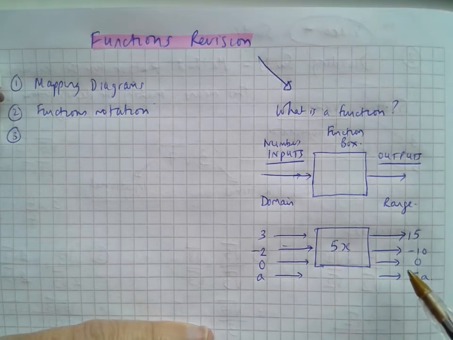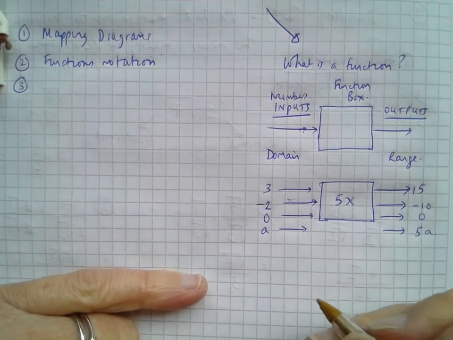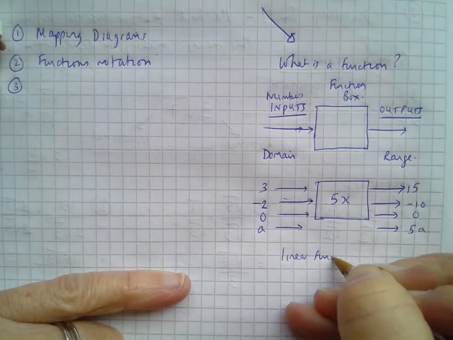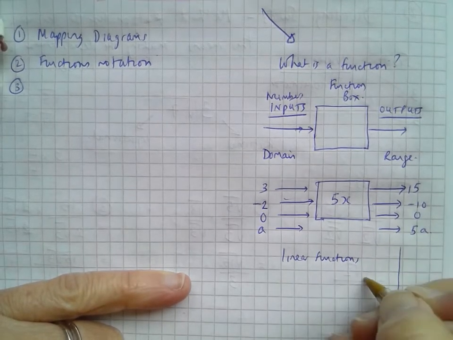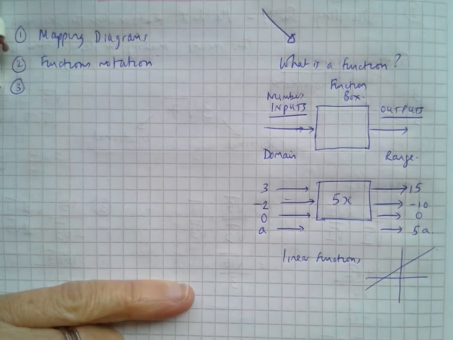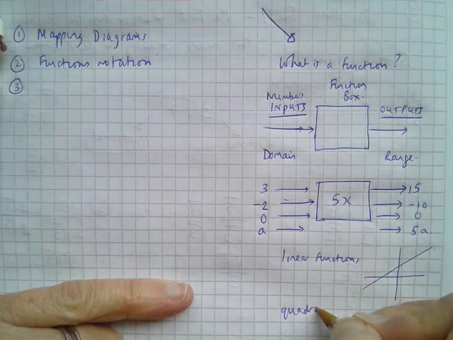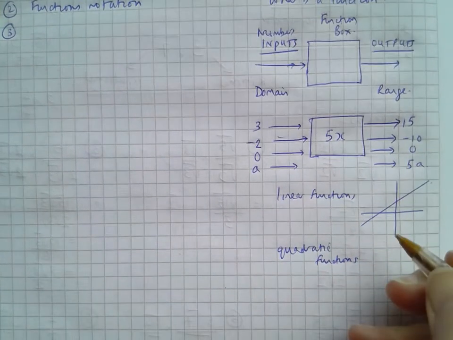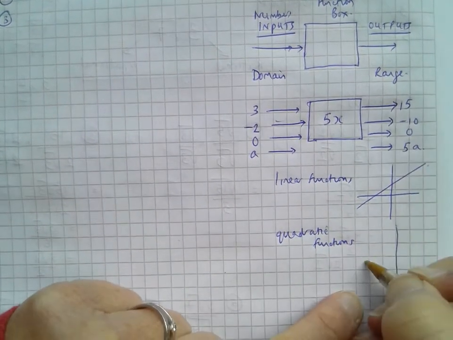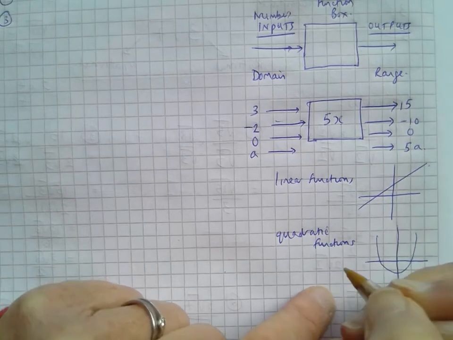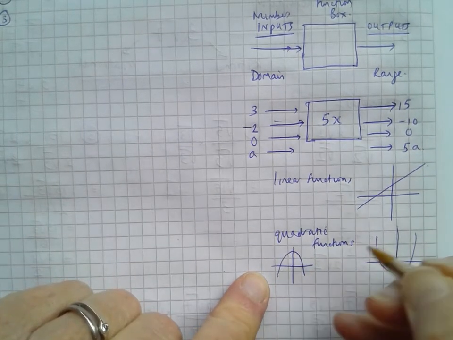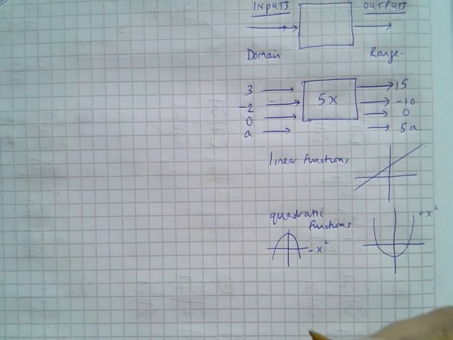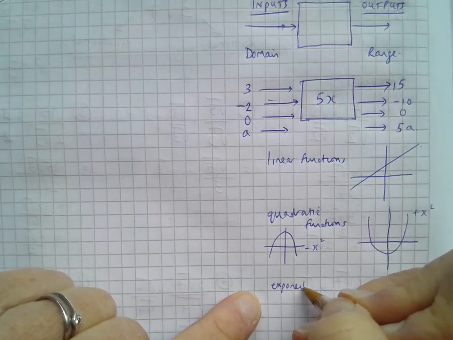Okay, in maths, the functions that we deal with: we have linear functions, which are lines. There's an example of a linear function. We have quadratic functions, and linear and quadratic functions are in the Junior Cert course. Quadratic functions look like that, or may look like this. This is a plus x squared, this is a minus x squared. We have exponential functions, which you'll have heard talked about a lot during COVID-19.